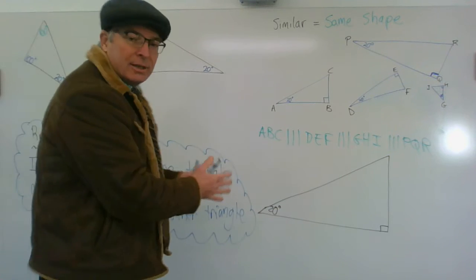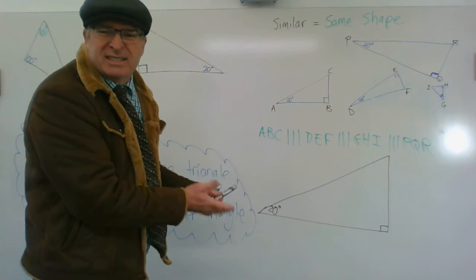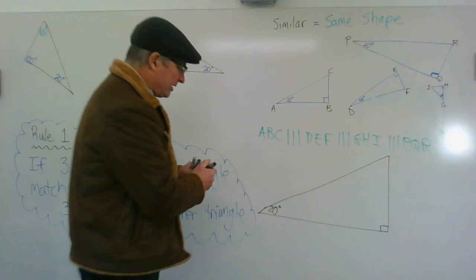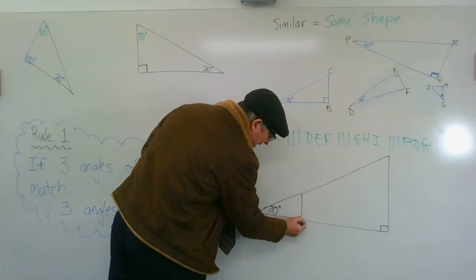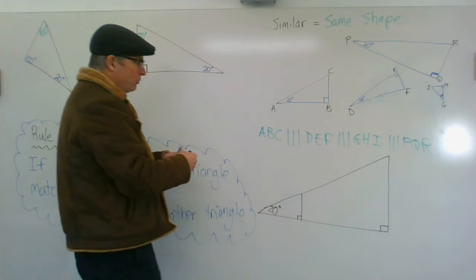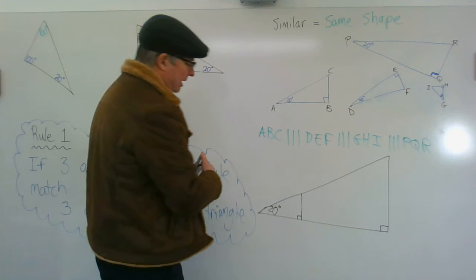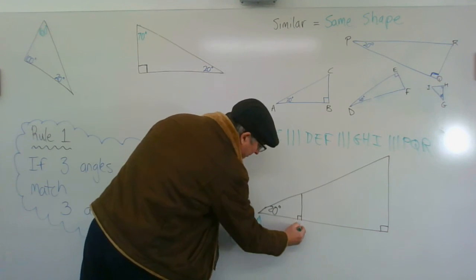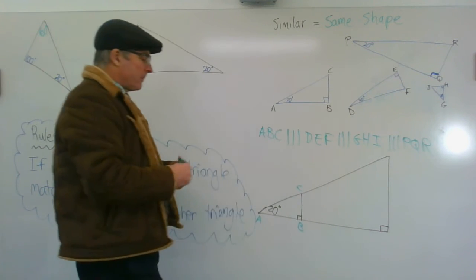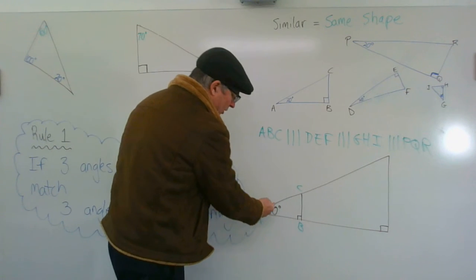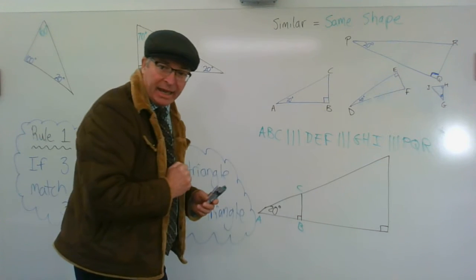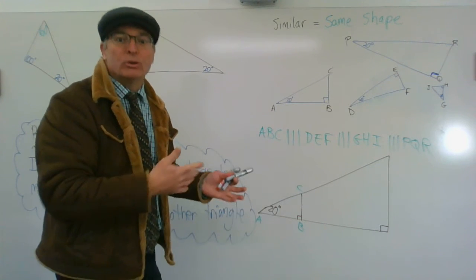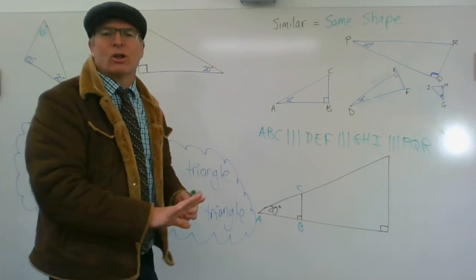And I can make a bunch of similar triangles in this same triangle just by saying, well, there could be triangle ABC, I'll call it. Triangle ABC. That little triangle there, it's got a 20, a 90, and a 70 in it. If you know one angle, you know all 3 in a right-angled triangle, as long as it's not the right angle.